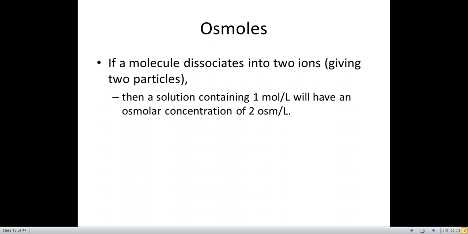If a molecule dissociates into 2 ions giving 2 particles, then a solution containing 1 mole per liter will have an osmolar concentration of 2 osmoles per liter.